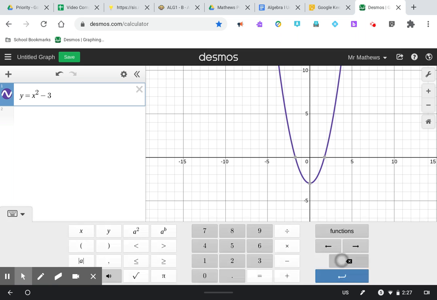We might also have a function like this one. Let's go back here.